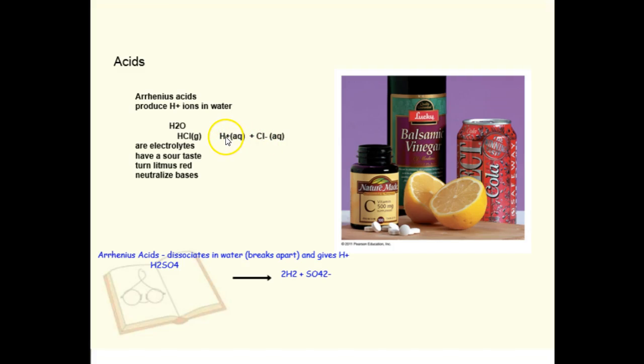So here's that hydrogen ion, and this is how we know that something is going to be acidic. When we look at the equation, we look to see if there are hydrogen ions available. In Arrhenius acids, anytime we add water, it's going to dissociate. Here's H2SO4. Add it to water and we get two hydrogens and SO4 2 minus. These hydrogens tell us that this is an acidic reaction that took place.